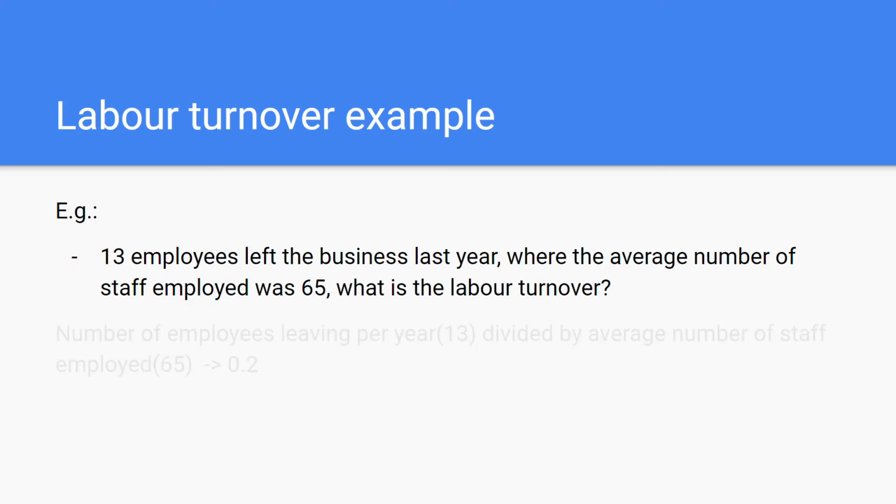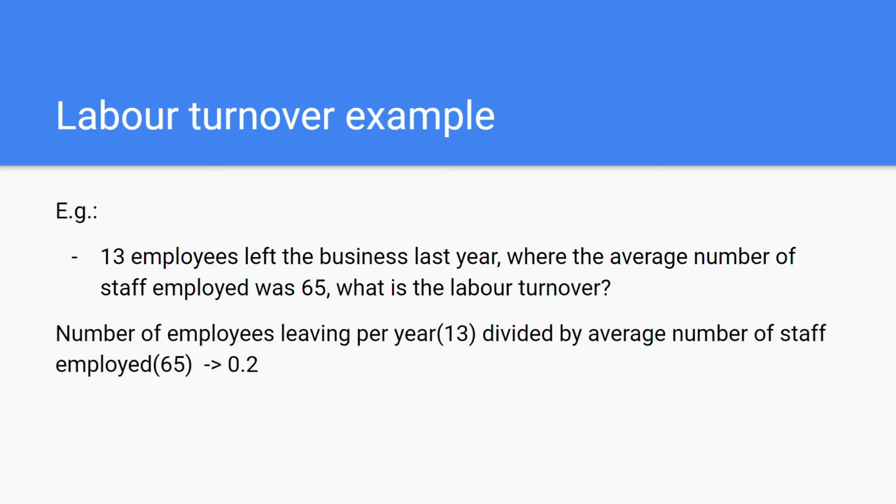So basically, it's just the number of employees leaving per year, in this example 13, divided by the average number of staff employed, in this case 65. And this will give you the answer of 0.2. And then do not forget to times this by 100, which will give you the percentage number. In this case, it's 20%. So the labor turnover in this particular example is 20%.